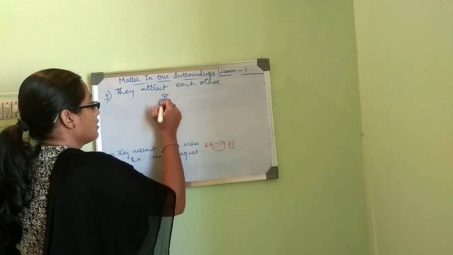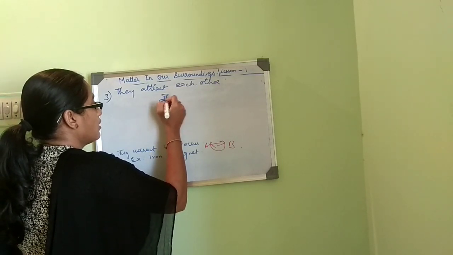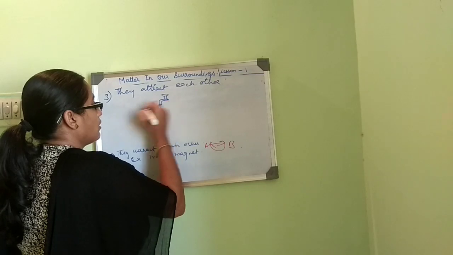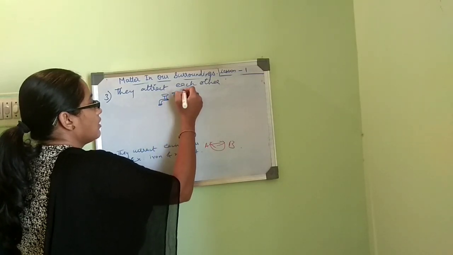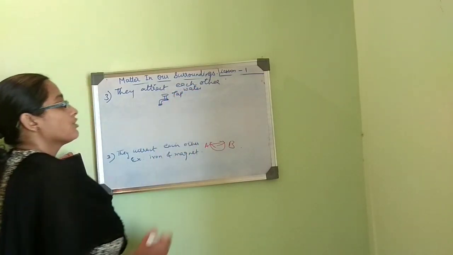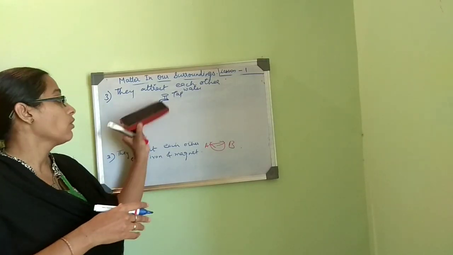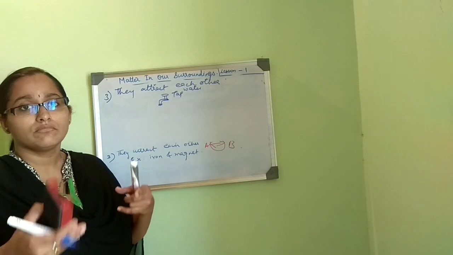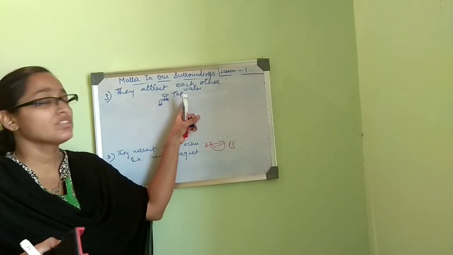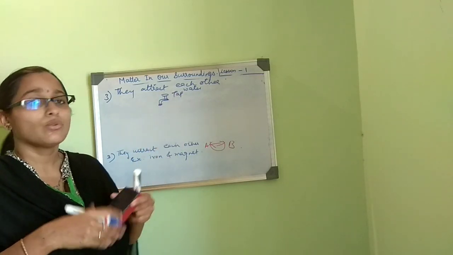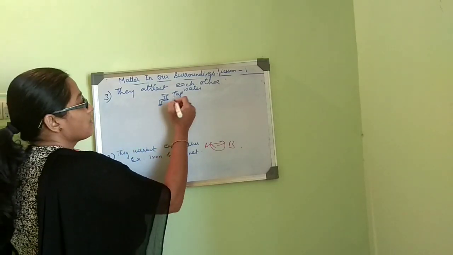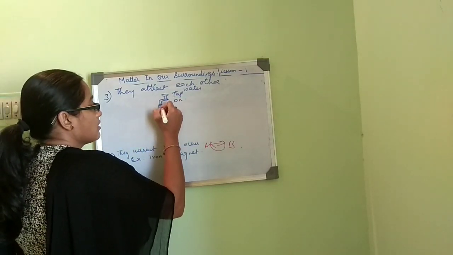Just observe the water tap in your house, all of you must be having a water tap in your house, but you might have noticed that when you turn on the tap, you can see a gush of water.